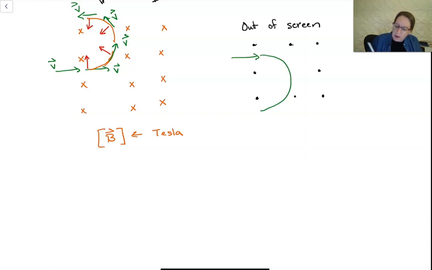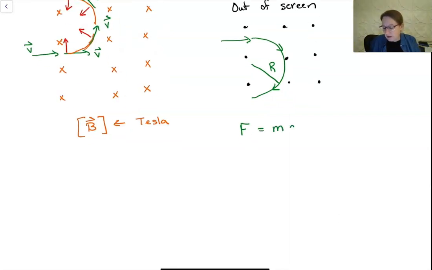There. And just by using centripetal acceleration, we can find the radius of the circle. The force that acts on this charged particle is going to be mass times the acceleration, and the acceleration is the centripetal acceleration, a = v squared over r. And then the magnitude of the force is qvB times the sine of the angle between them.